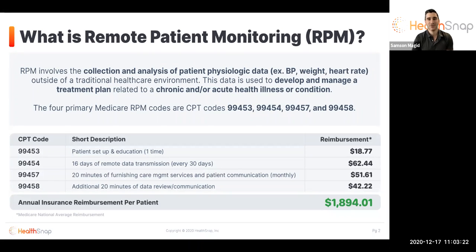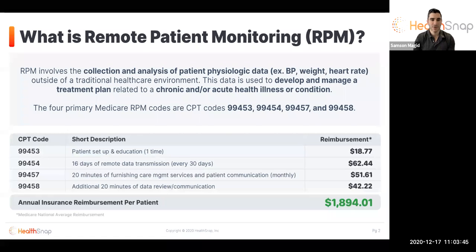This data is then used to develop a treatment plan in relation to a chronic and now acute health illness or a condition.